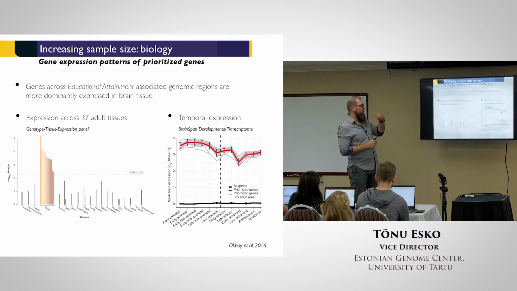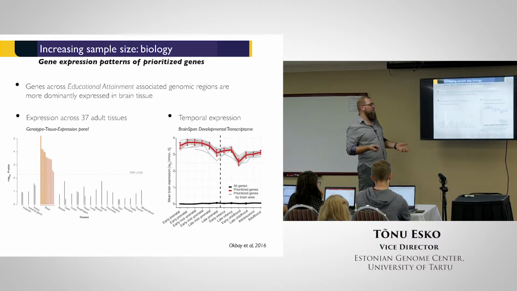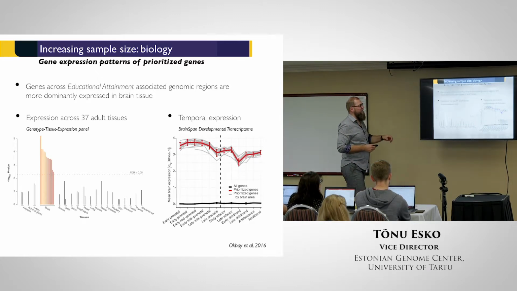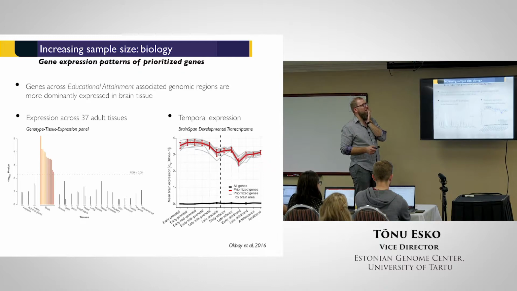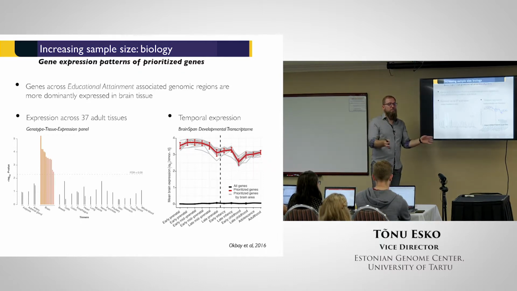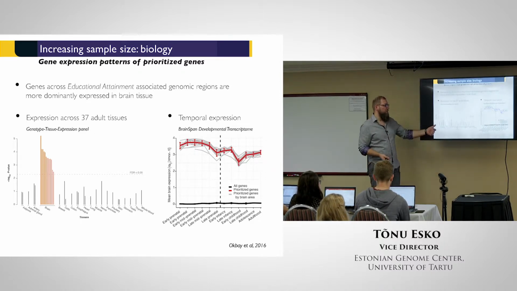And this is just one of the examples. I think it's from the EA2 paper, and there is a similar example from EA3. I just didn't update my slides, but basically we had 75 loci, and if you take all the genes across all those 75 loci and ask in which tissues those genes are most expressed, this is the graph based on GTEx.